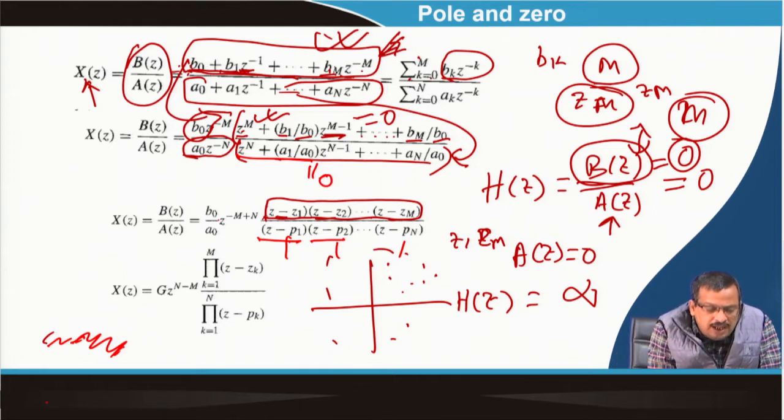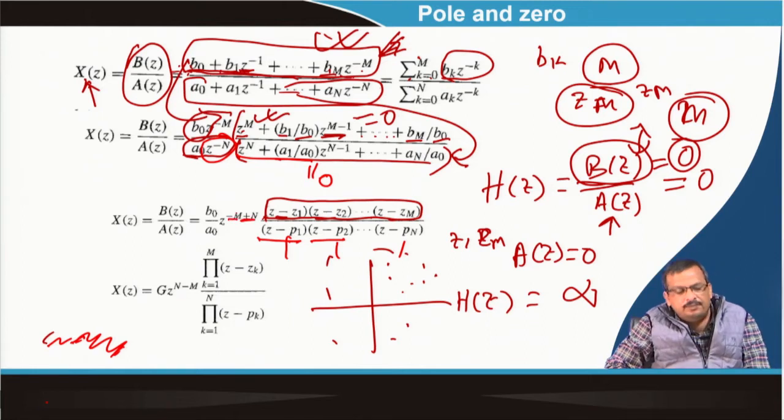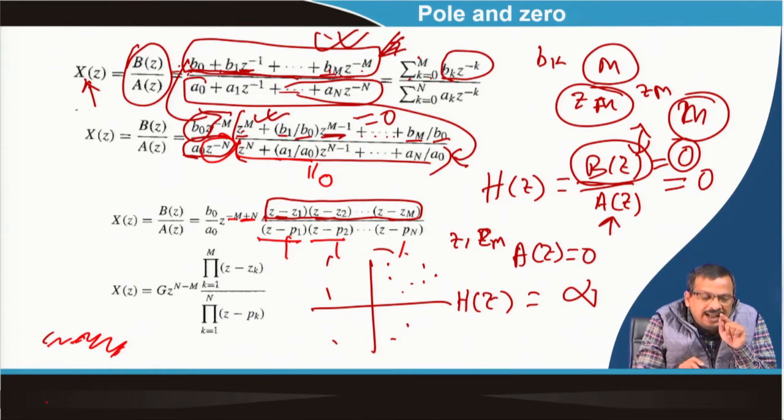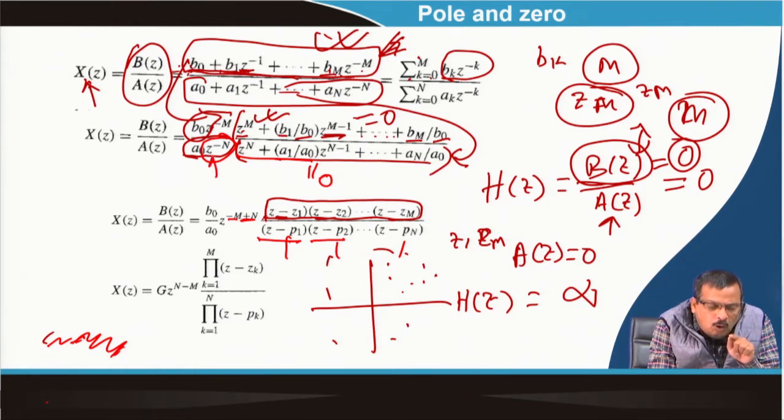Then what will happen here? Z to the power minus m divided by z to the power minus n. If it goes up, then it is z to the power m plus n. So, I can say that n number of poles are at the origin, because z equal to 0 is the solution.